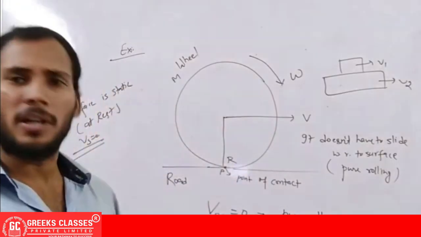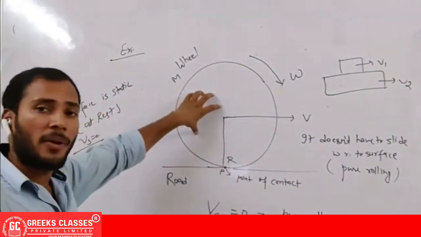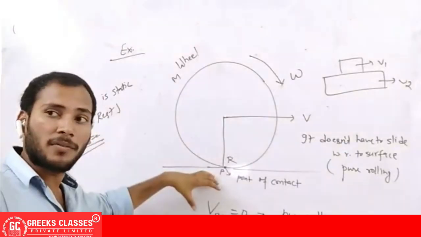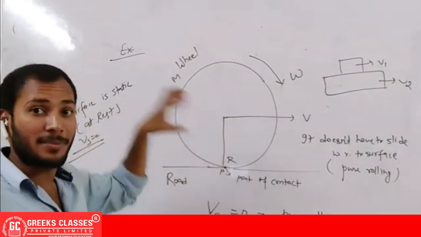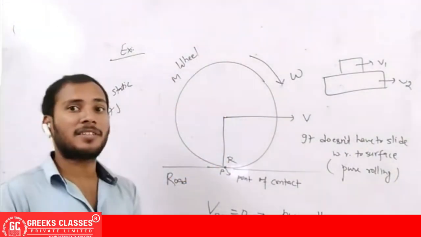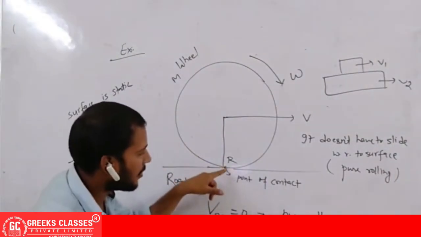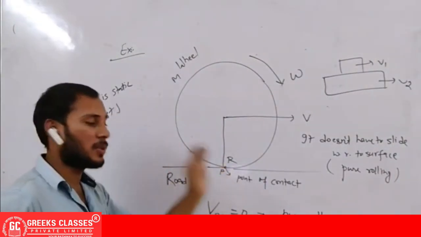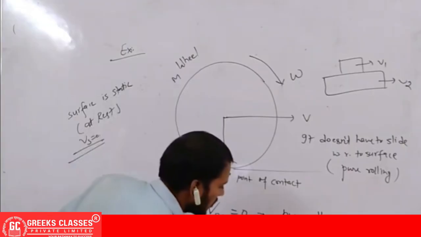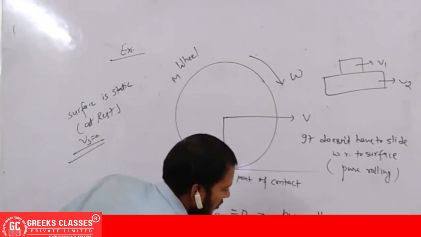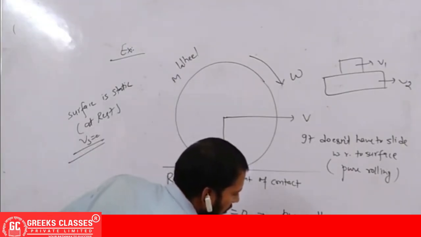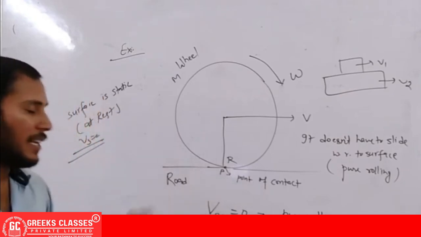This is not at all difficult. First was translation and rotation, second was with respect to surface, third was axially symmetric body, and the fourth condition is no sliding, and the no sliding condition is that the velocity of point P with respect to the surface should be 0.